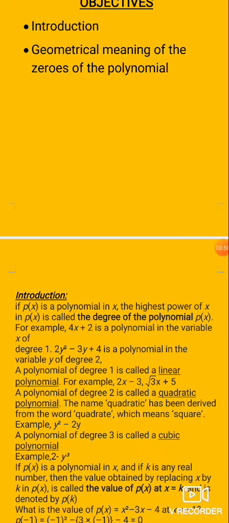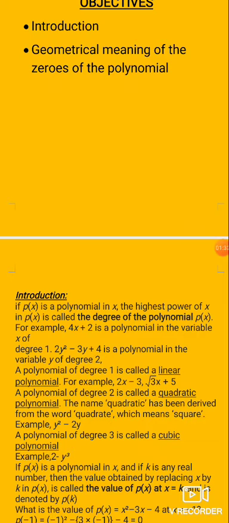For example, 4x plus 2 is a polynomial in the variable x of degree 1. Next, 2y square minus 3y plus 4 is a polynomial in the variable y of degree 2. Now, first one, a polynomial of degree 1 is called a linear polynomial. Examples: 2x minus 3, root 3x plus 5, etc. Next, a polynomial of degree 2 is called a quadratic polynomial.